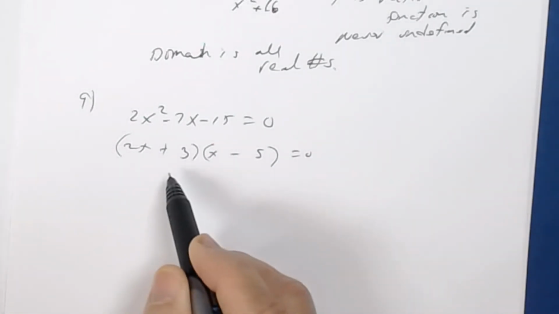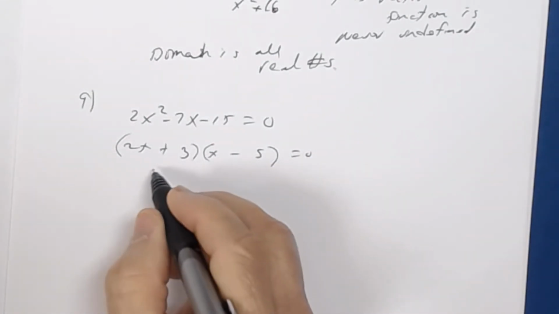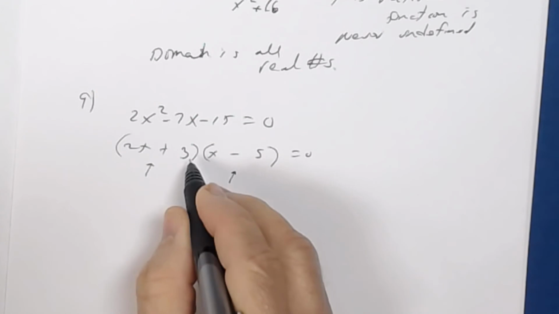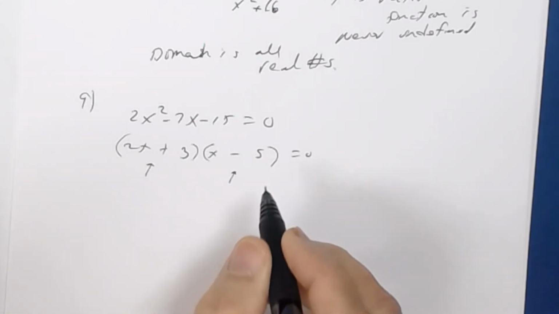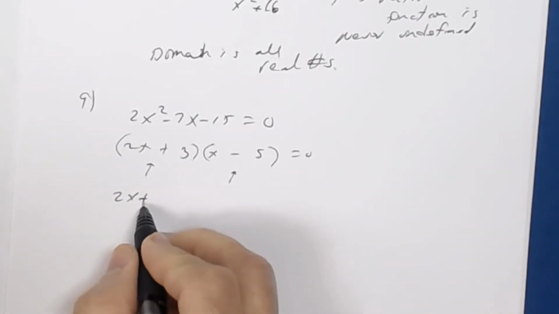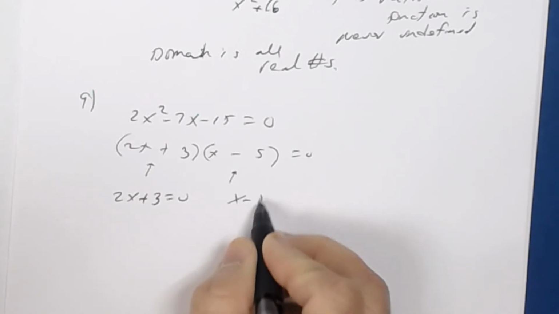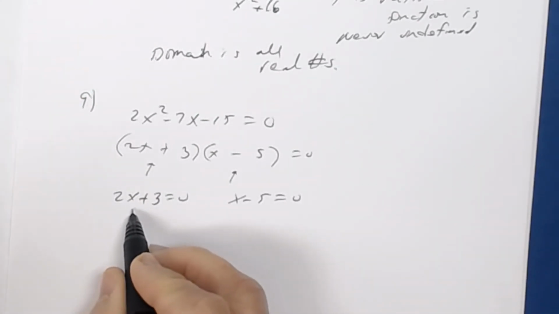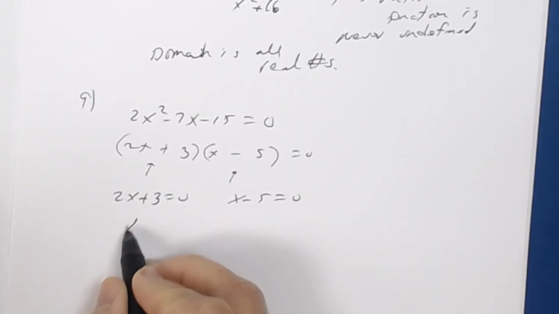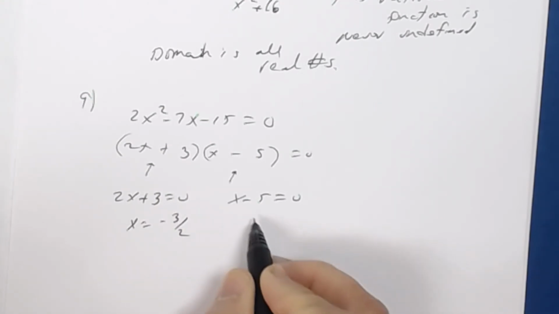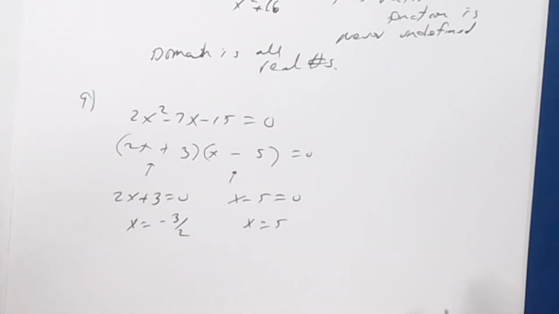All right, so you factor like this, and then you set each factor equal to 0 because you have a product equal to 0, so you have to use the zero factor property. So I get 2x plus 3 equals 0, x minus 5 equals 0. When I solve each linear equation, I get x to be -3/2 and x to be 5.